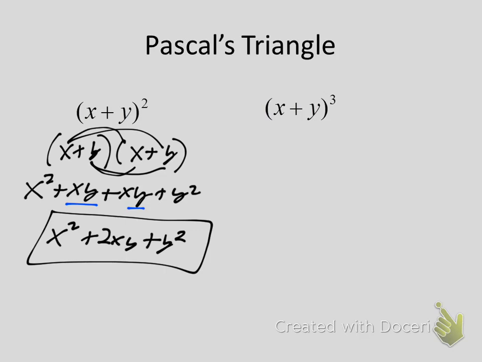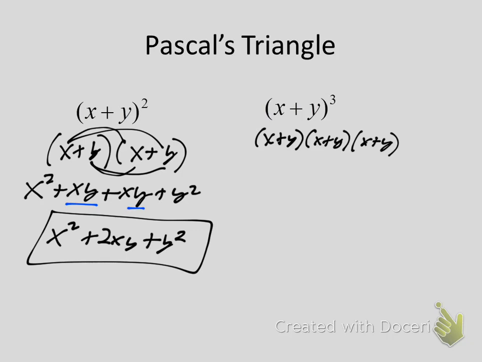So by the same logic, if you're going to square something, you're going to multiply it by itself 2 times. When you cube something, you're going to multiply it by itself 3 times. So this one, the second one here, x plus y times x plus y times x plus y. Now this one can get a little nastier.